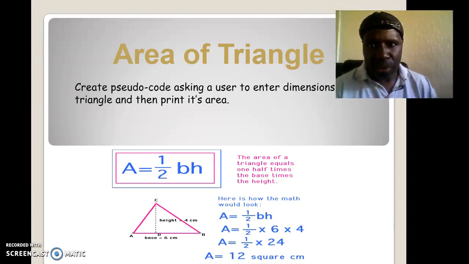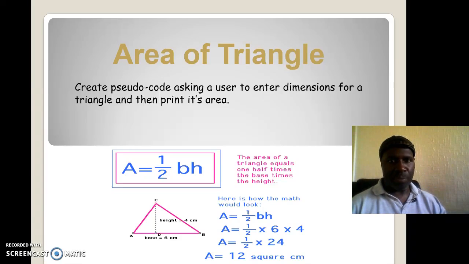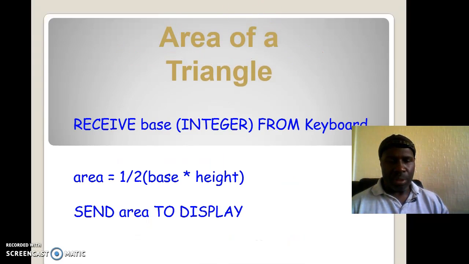It says create pseudocode asking the user to enter dimensions for a triangle and then print its area. If you have a go at that, feel free to pause the video at any time so that you can have a go at these exercises. The answer is coming up on the next slide. Okay, so here we go.